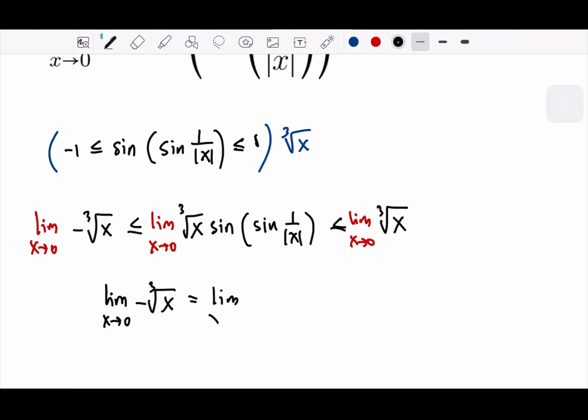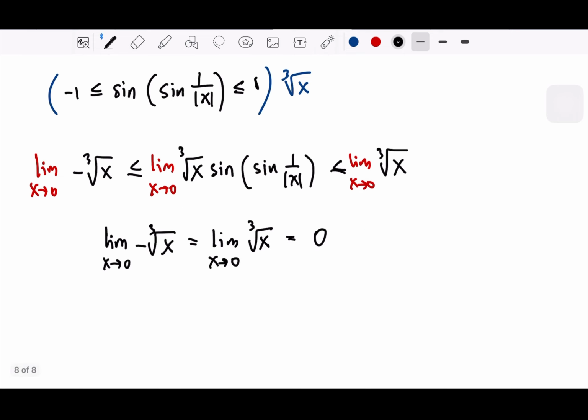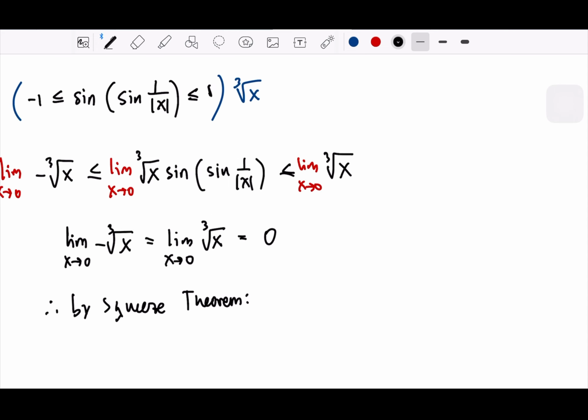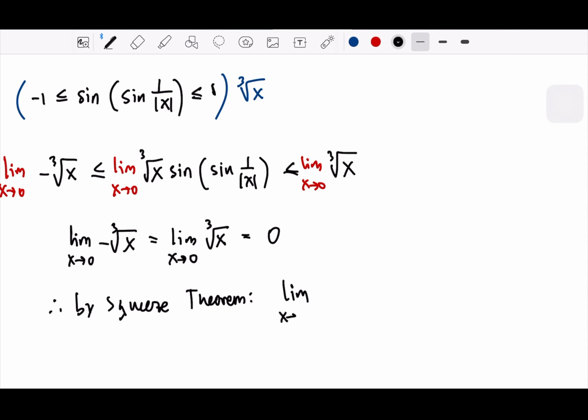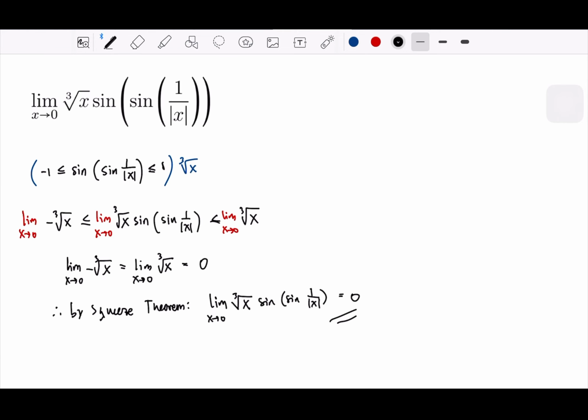This becomes our principle. Because this limit is equal to 0, then by the squeeze theorem, this limit is also 0. Okay, so nothing to worry about.